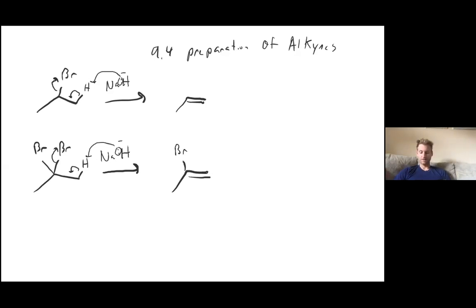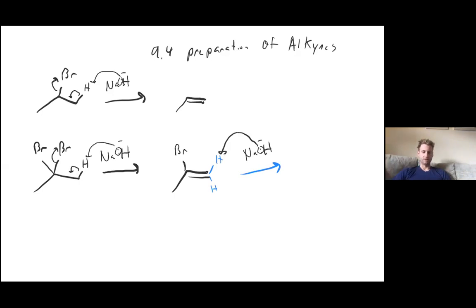And then from here, these two hydrogens are actually our most acidic positions. So from here, you can just pull off another one of these. If you add more base, it'll automatically go to one of these two.